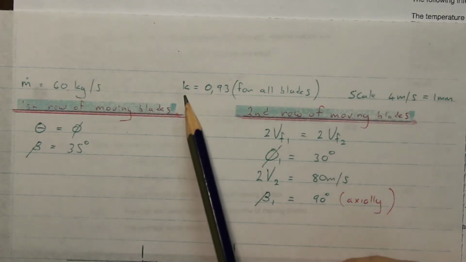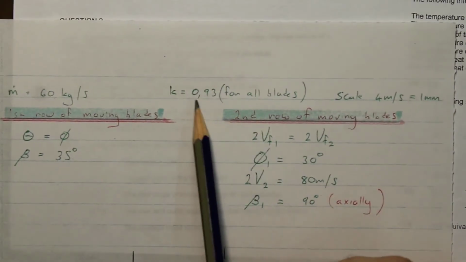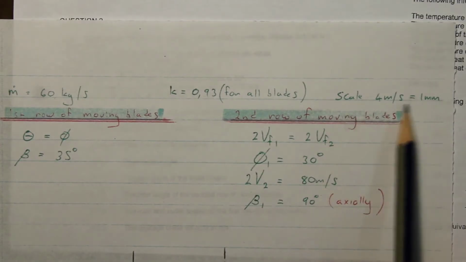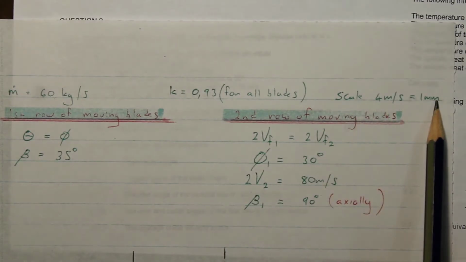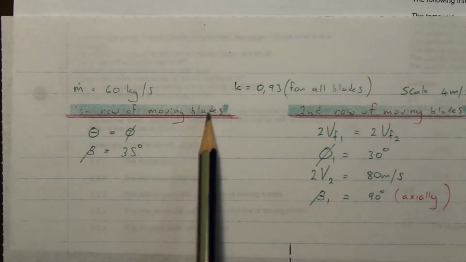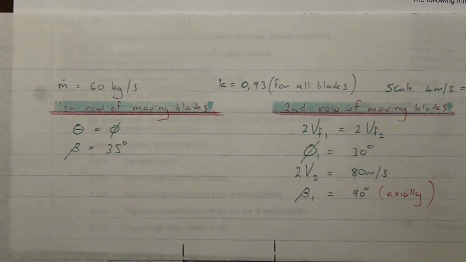They told us that the coefficient of friction, or the velocity coefficient for all the blades, is 0.93. And they told us the scale was 4 meters per second equals 1 millimeter. And then they gave us information for the first row of moving blades and the second row of moving blades. So I separated those two.